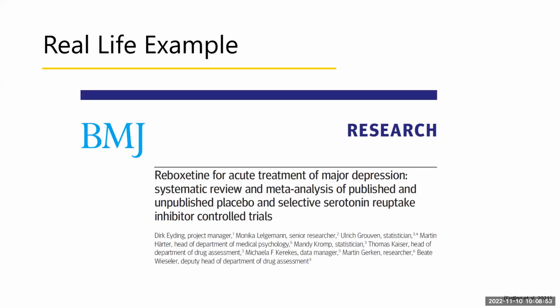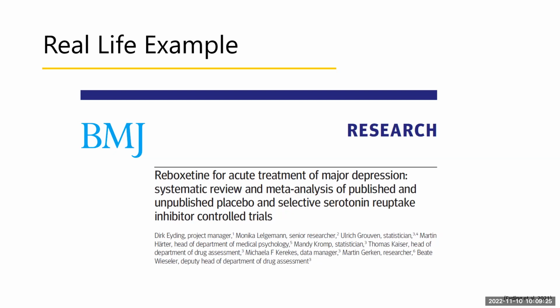So here's a real life example of publication bias. This is one of my favorite articles to give to students to see what a systematic review and meta-analysis should look like. What these authors did is they looked at the published research for reboxetine to see what it said, but then they went back and looked at the unpublished research.